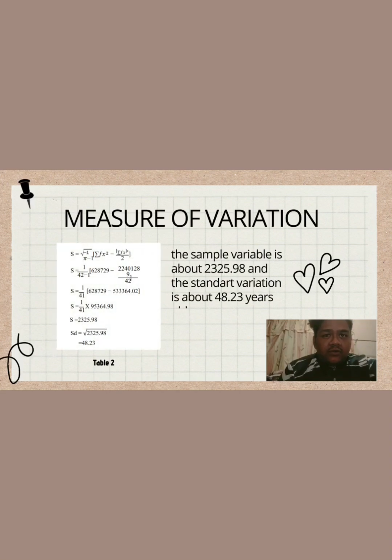For table 2, we also use the same formula to calculate the sample variance and standard deviation. The values that we get are 2325.98 for the sample variance and 48.23 for the standard deviation.